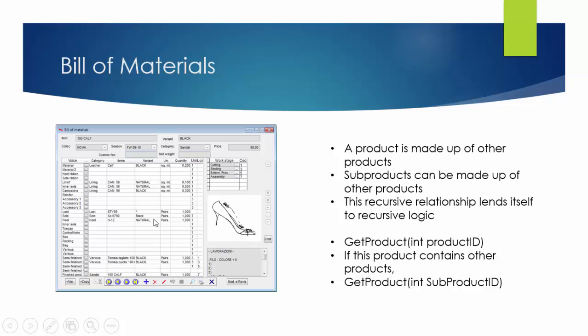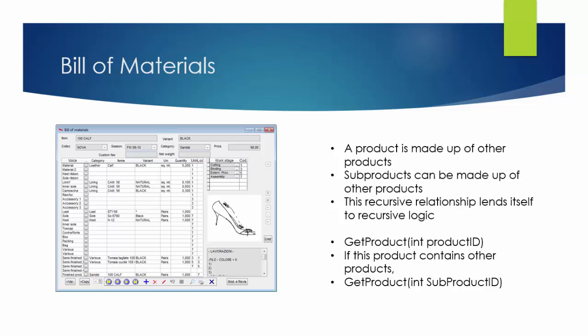And when we create this structure within a system to keep track of information, we're going to have relationships with products to other products. So for example, if we want to find all of the pieces and parts we need to build this shoe, we might call some sort of method like getProduct, passing a product ID integer in.